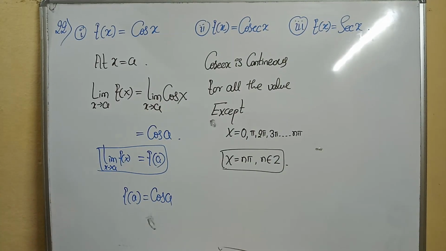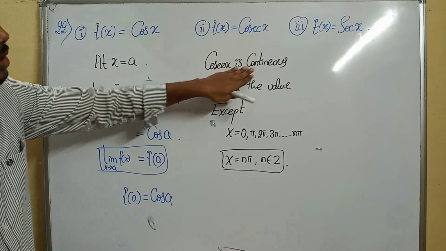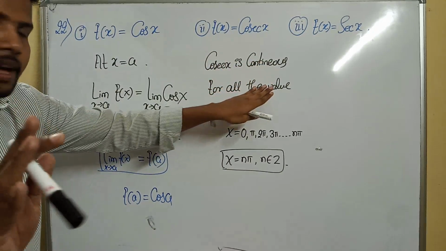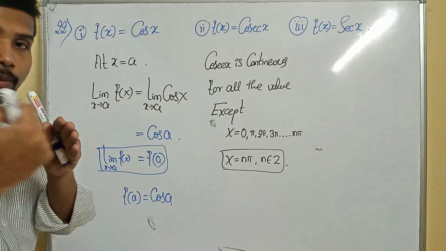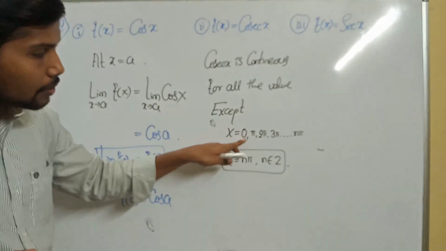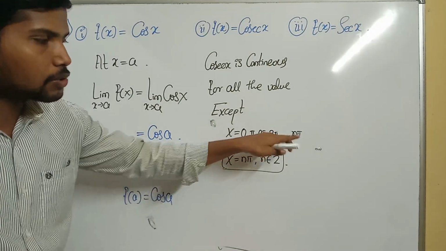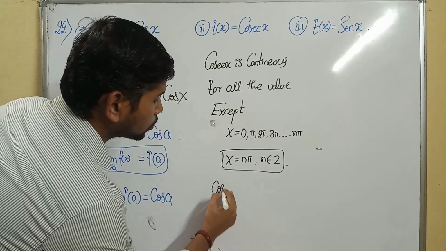Observe the next one. The next function is f of x equal to cosecant x. Cosec x is continuous for all the values except x equal to 0, pi, 2 pi, 3 pi, and so on up to n pi. Why? Because what is cosecant of 0?